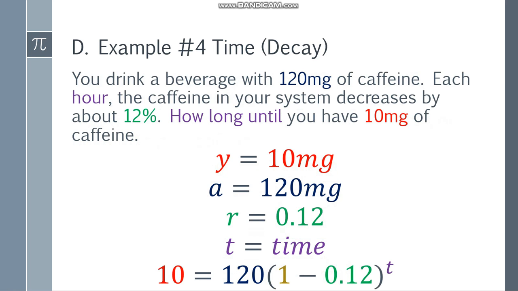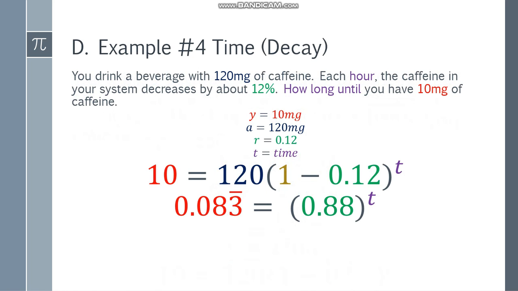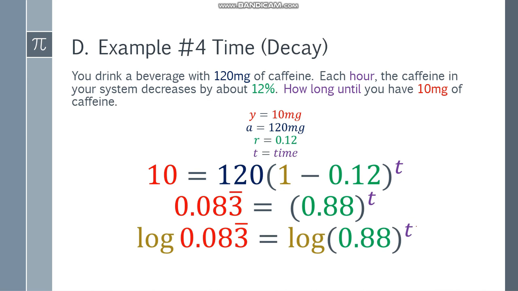Next, divide both sides by 120 and you will get an answer of 0.083 repeating decimal, is equal to 0.88. Just answer this one, 1 minus 0.12. Now, remember your properties of logarithm. If there's an exponent here and you want to find the value of the exponent, you have to add log here.